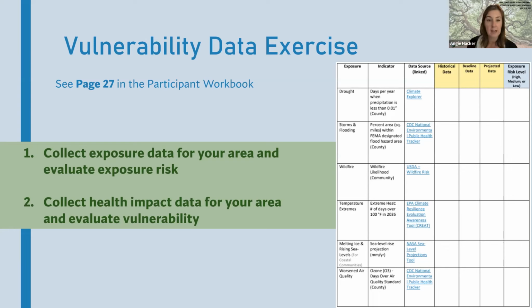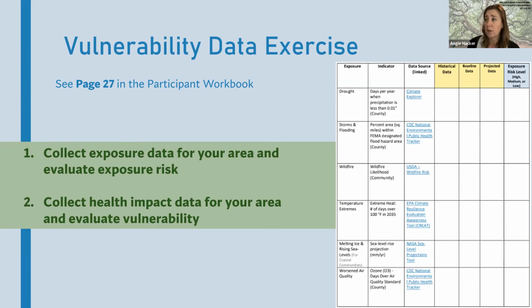So we actually ask you in this exercise, of the exposure indicators that we've listed here in the table, or of all of them, we want you to pick at least 3 and tinker around with that hyperlink. And at the end of that, we're going to ask you, it's not enough information or time, but give it an exposure risk level.